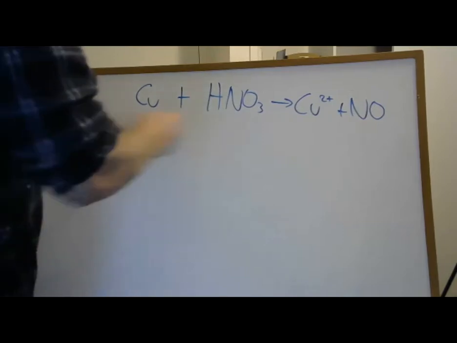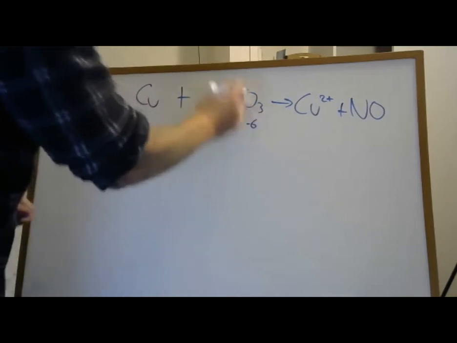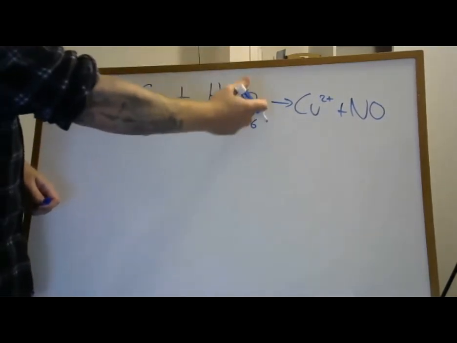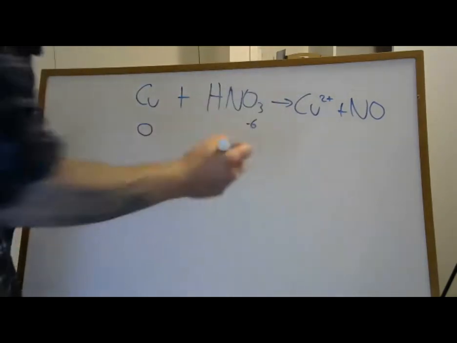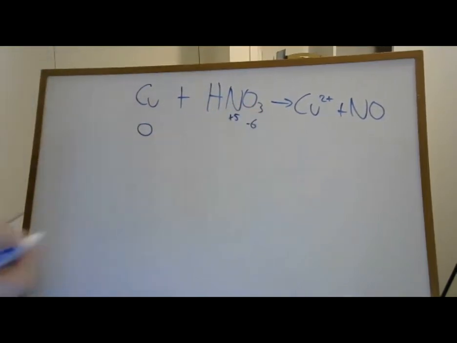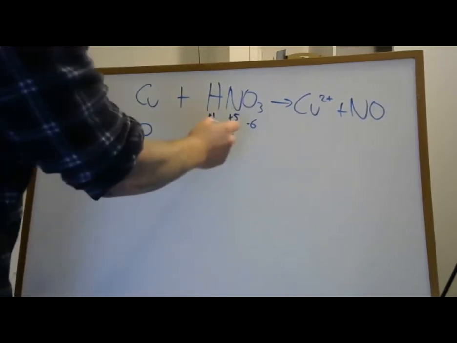If we look at HNO3, oxygen is -6 because it is -2, and there's 3 of them. Nitrogen sits in group 5, so it's +5. Hydrogen, we know from the rules, is +1. So that would equal 0.